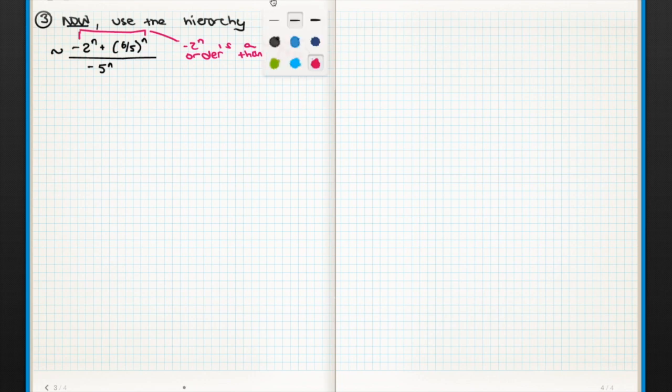And so if we simplify, we're left with minus 2 to the n over minus 5 to the n. If you want, here you can cancel out the minuses. And so we're left with 2 to the n over 5 to the n.